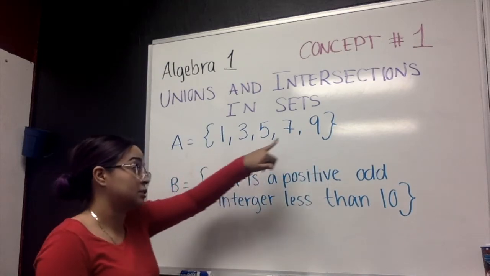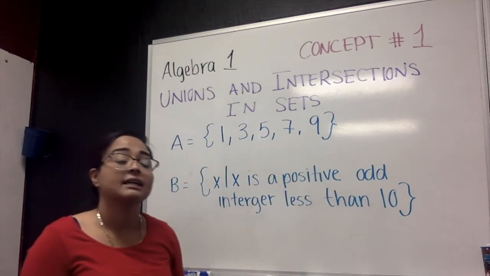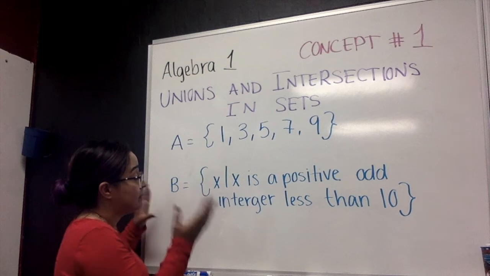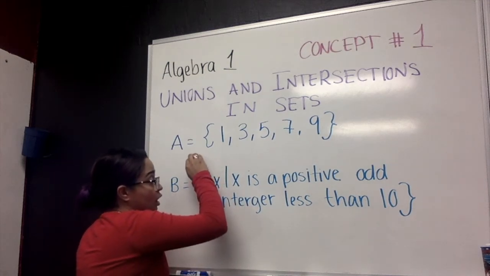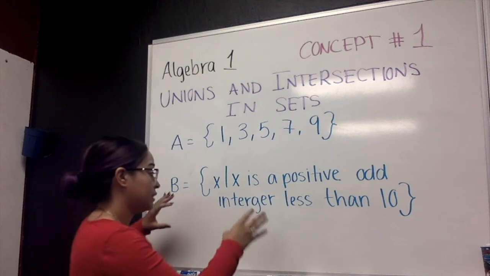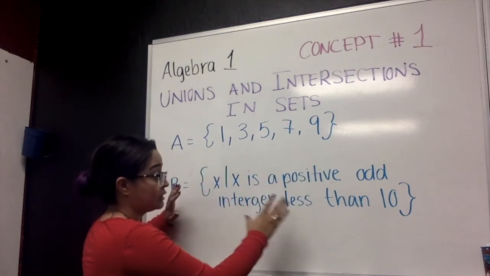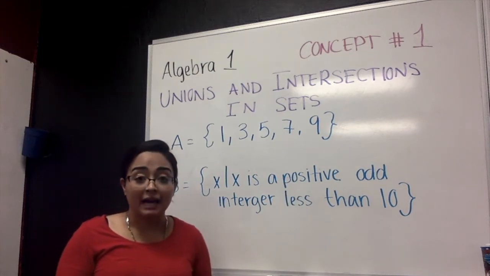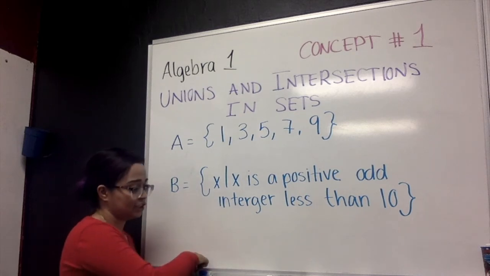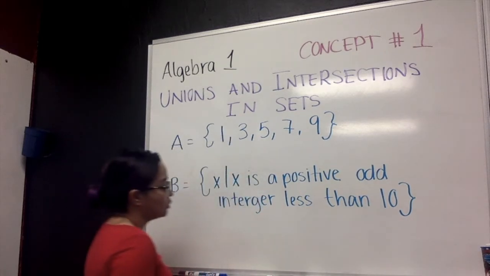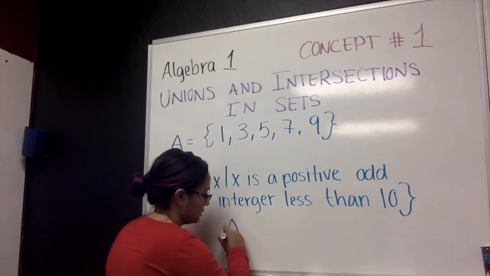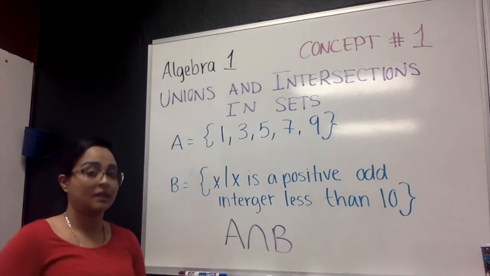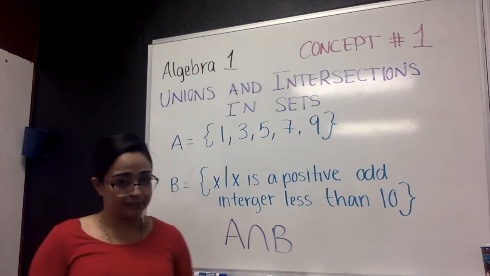All of our other numbers are smaller than 9, and 9 is still smaller than 10. So this is how we classify it, meaning that if our A set meets all the characteristics, all the numbers fit into the characteristics of our B set variable, then here we have an intersection. And that, my friends, will be written like this. Did that make sense to everybody?